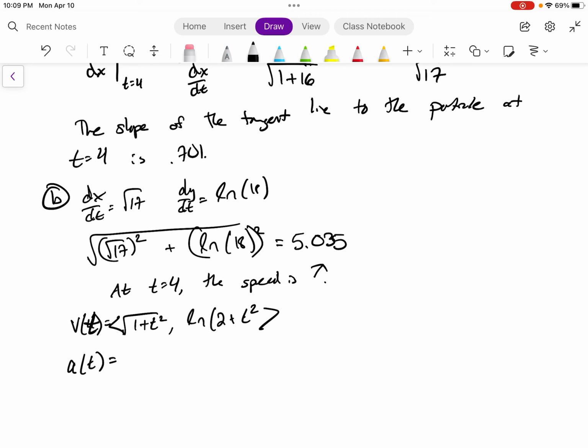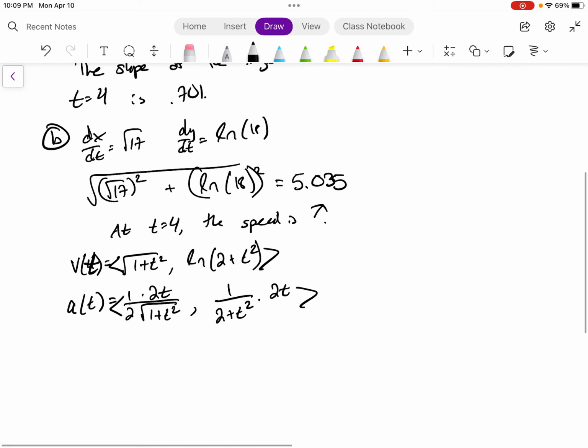The derivative of root 1 plus t squared, we're going to get a 1/2 down here, I always forget these little brackets, and then the root 1 plus t squared down here, and then the chain rule, so we're going to get a 2t up there. And then the second one, we're going to get 1 over 2 plus t squared times 2t, because of the chain rule.